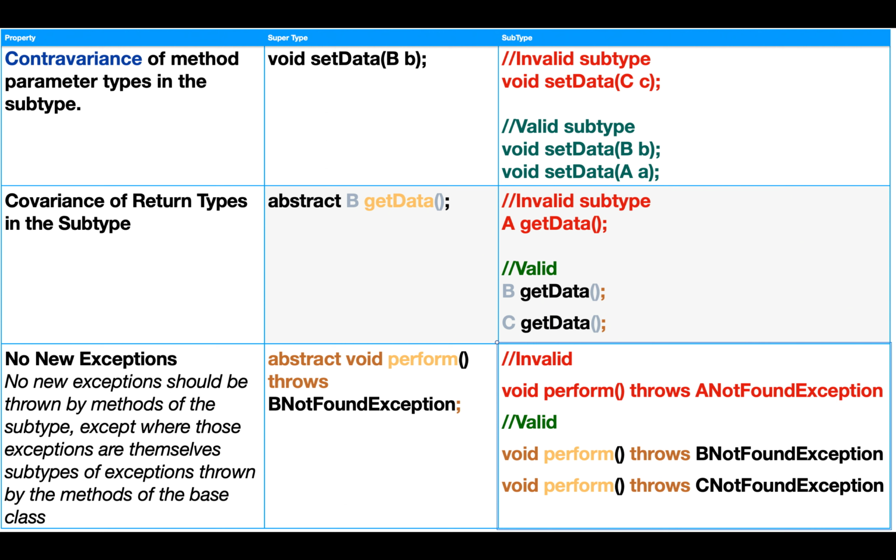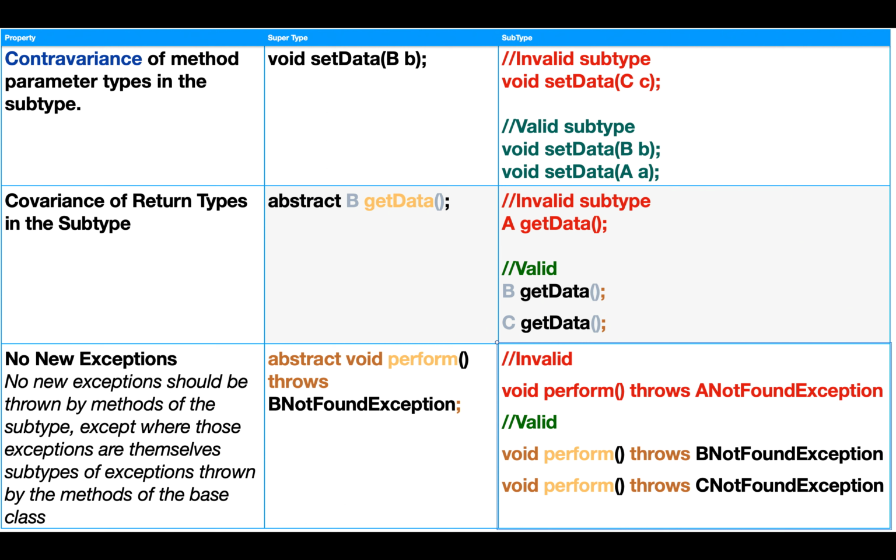In a method there are three things we can say. A method contains a name, and also its argument type or parameter type, and also the return type.